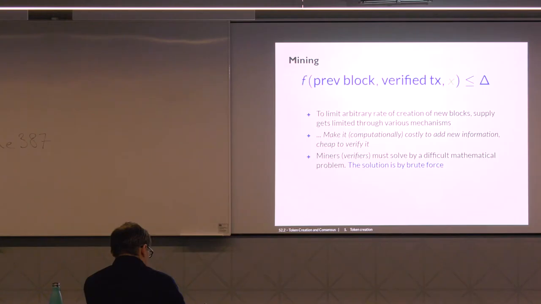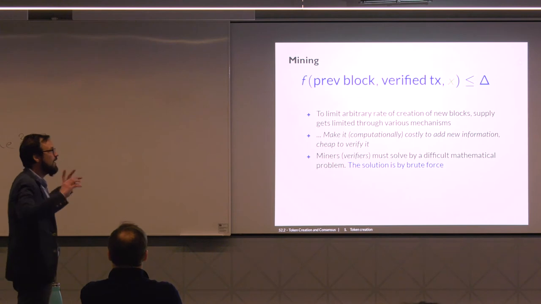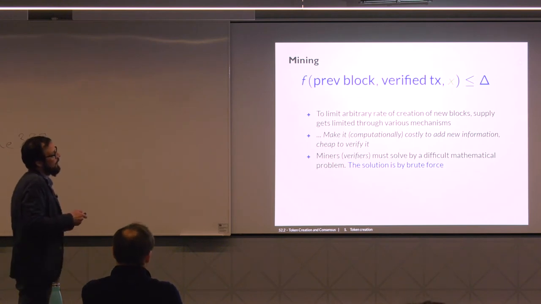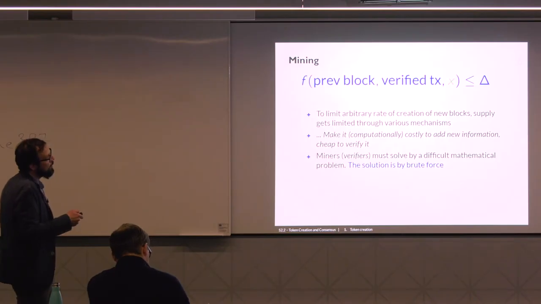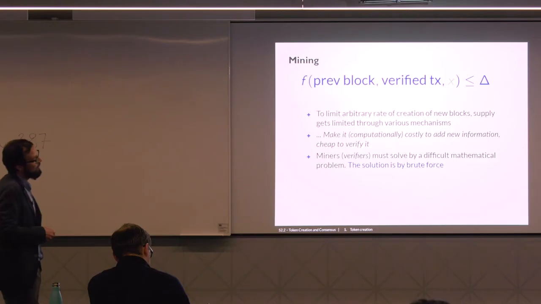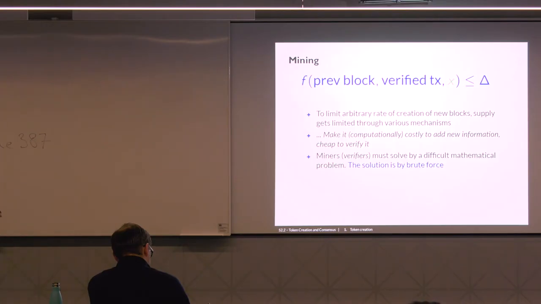Remember that I said something fundamental, which is that in order to have a consistent ledger, we need a sense of time. And the sense of time is created in the mining process by the fact that one of the parameters of the function that you have to solve is a hash.